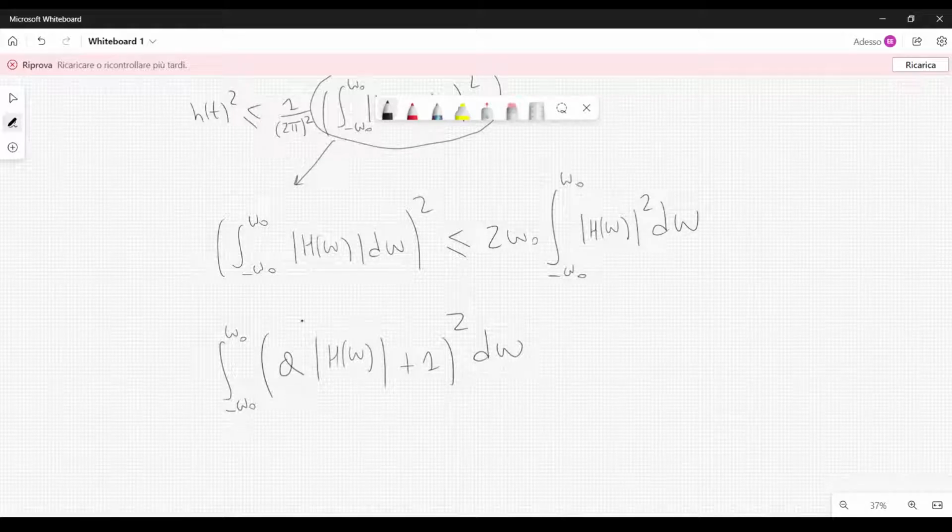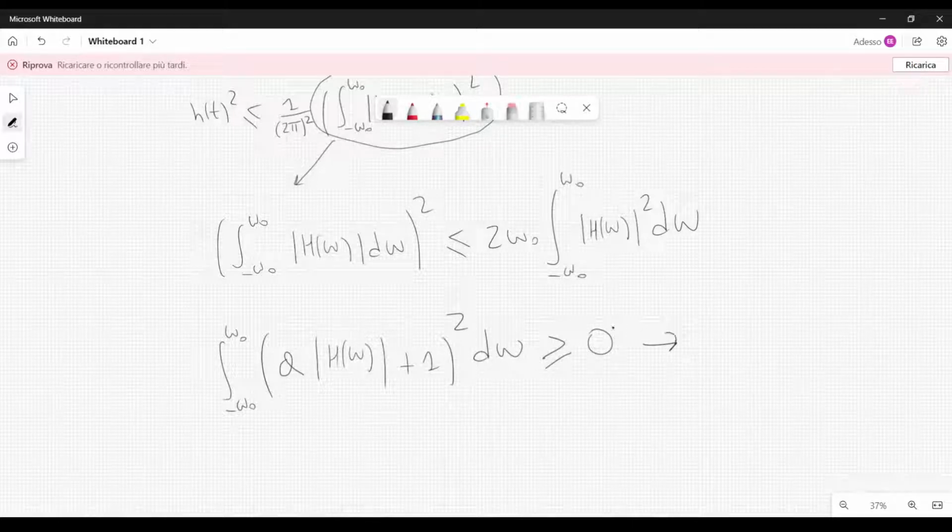Since we are integrating over this positive quantity, we are squaring something which can be negative or positive because a can also be negative, but when we square that we get a positive quantity. So this is greater than or equal to 0.